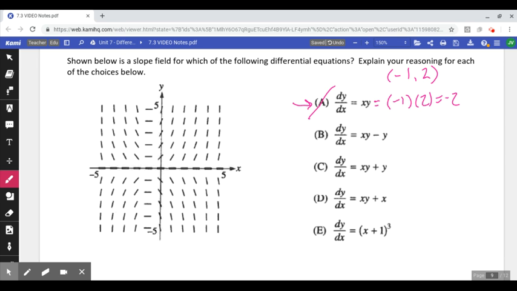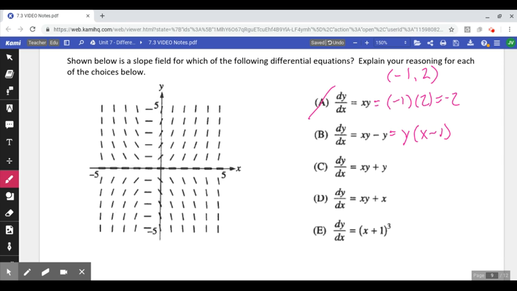If we take a look at part B, we've got xy minus y, and sometimes it's useful to factor out or to get the product of two factors. So I know that the greatest common factor between xy and y is y. And I also know that this one does work when y is equal to 0. X doesn't matter, and 0 times anything is 0.